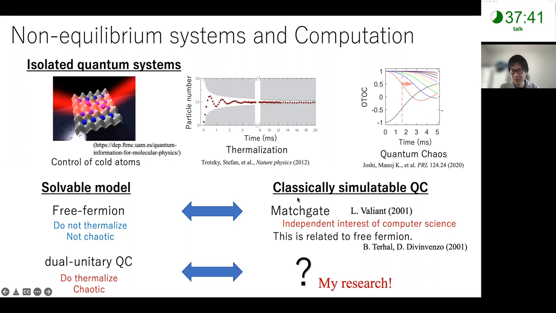Although the matchgate was introduced by computer scientists and is of independent interest to physics, the relationship between free fermion and matchgate was discovered by Terhal and DiVincenzo, and Knill.